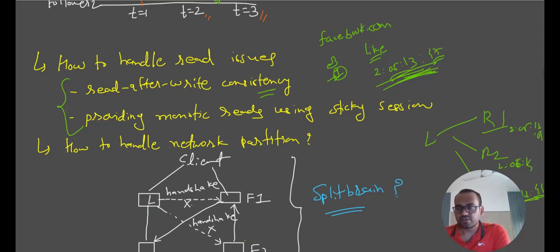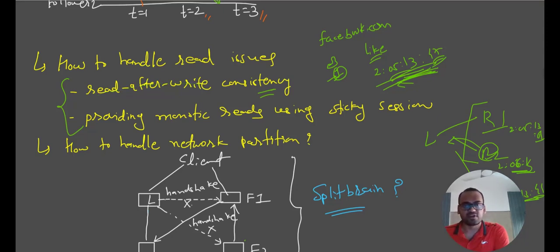See, this 41 happened before 47, while the others happened later. So we can provide the latest data. We can serve the data from replica 2 and provide the response back here. This is how we achieve read after write consistency.